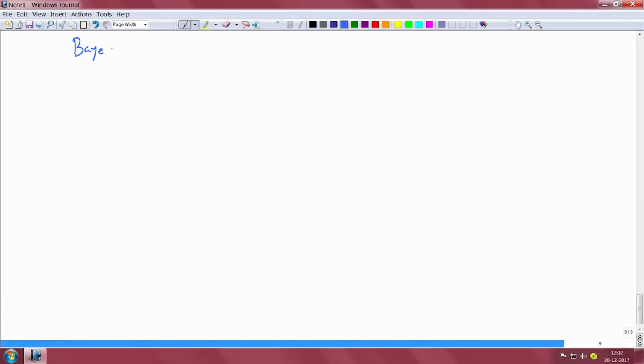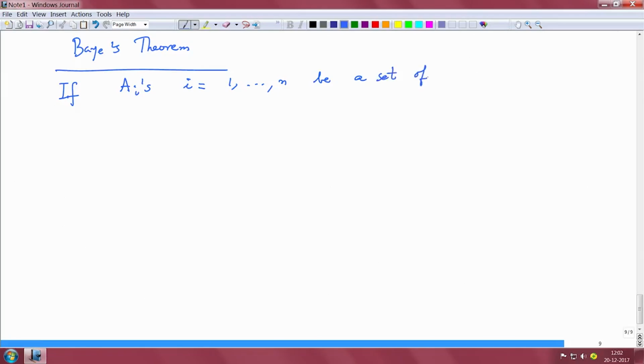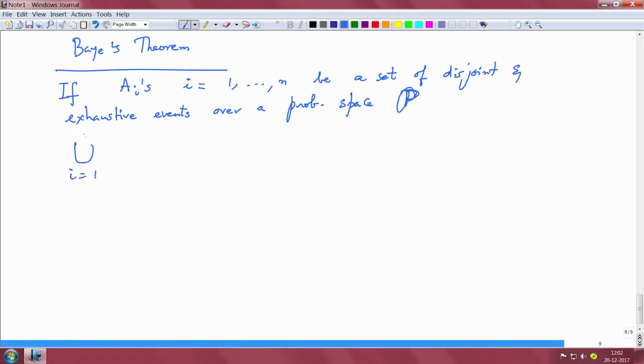I think all of you would have seen this from your high school, but just to recap, if A_i, i equals 1 to n, be a set of disjoint and exhaustive events over a probability space P, then the union over all these A_i is omega.